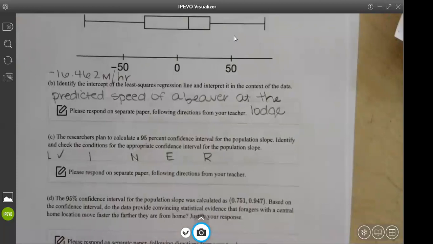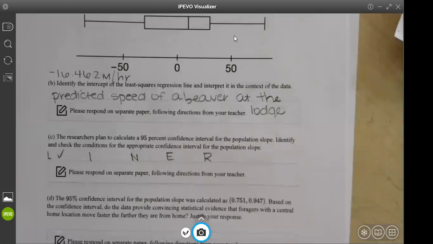What about independent? Yes. Why? What do we do for independent? 10%, right?